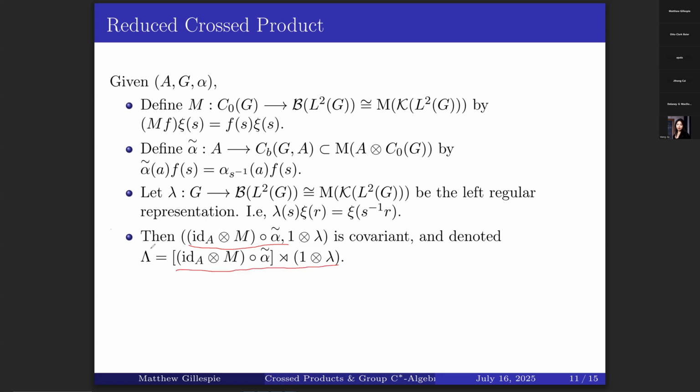This gives me a representation of the full cross product, which I'm calling capital lambda. This is called colloquially the regular representation of the cross product.